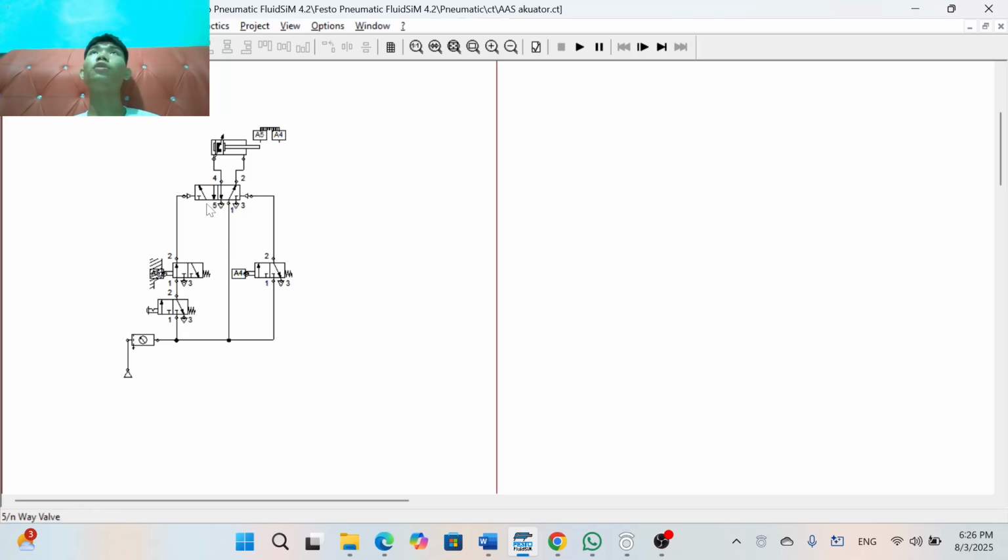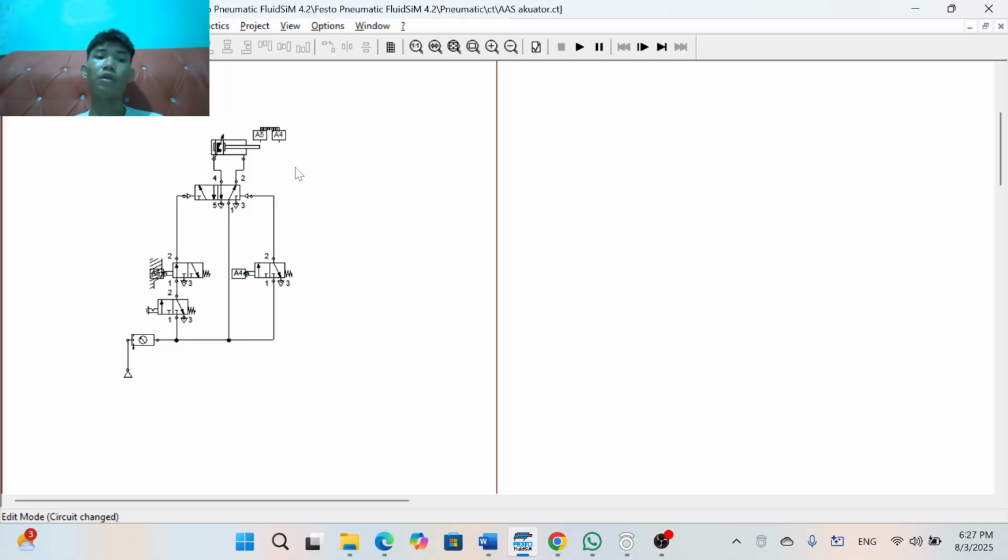So the cylinder will be extended. When the cylinder extends, it will hit the limit switch, and when the limit switch is hit, the air will be forwarded from the limit switch to the double pilot valve 5 per 2.